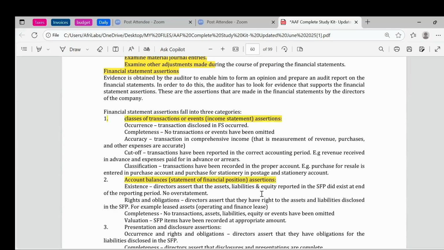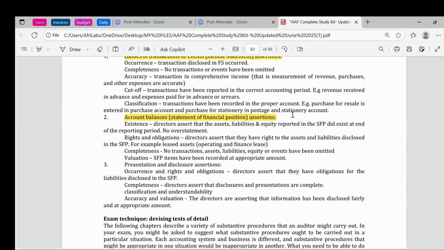Okay, now I'm going to start with your assertions for financial position, because if you know your assertions for financial position, then you already know the correct answer. You already know both of them. So I'm just going to put a text here.